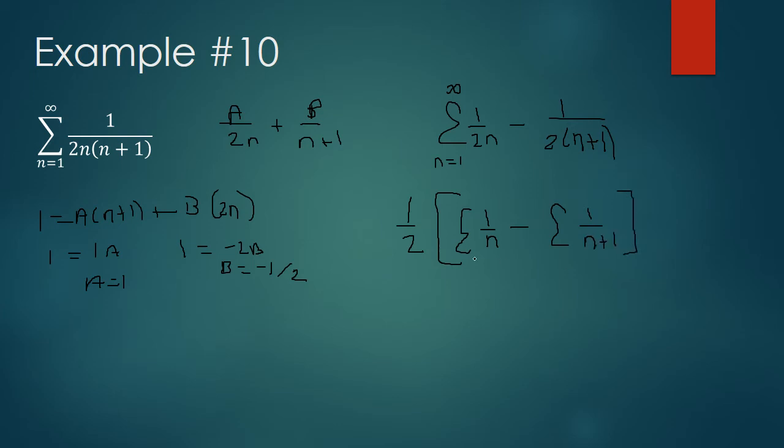Okay, so if I look at each of these and apply the nth term test, that's going to give me 0, which means I can't use the nth term test. Those are not geometric, so I'm going to go back and use my partial sums.